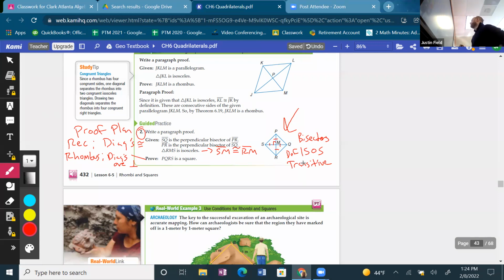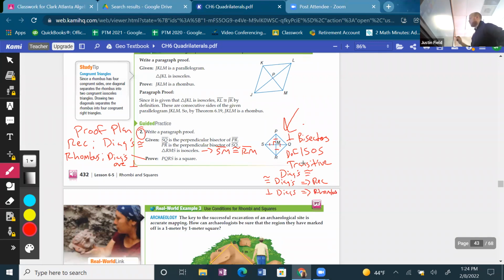Then once we know that, we can say that the diagonals are congruent, and the given was that they're perpendicular. So then we can say congruent diagonals, that means we have a rectangle. We can say perpendicular, and that's a theorem. And the perpendicular diagonals, that means we have a rhombus.